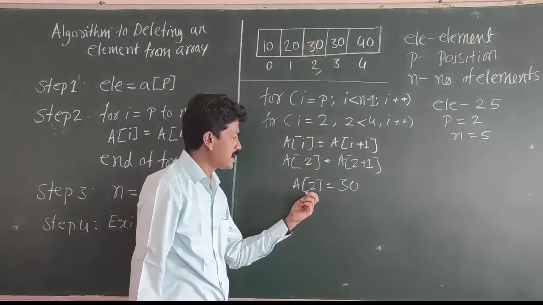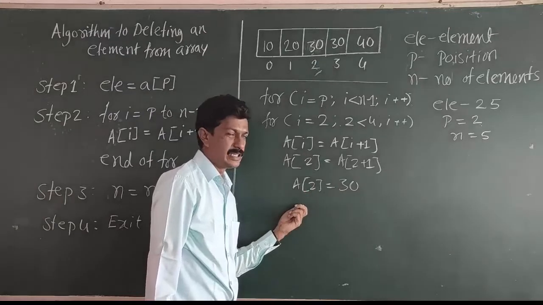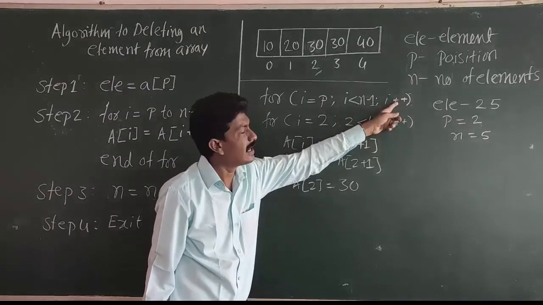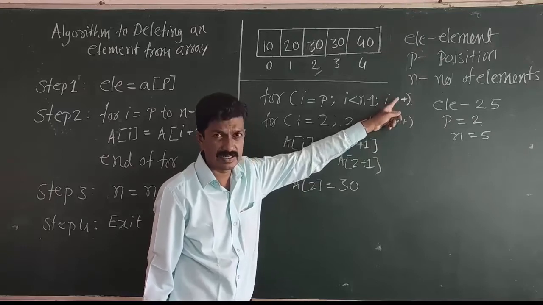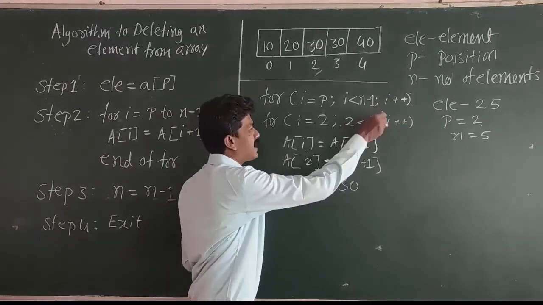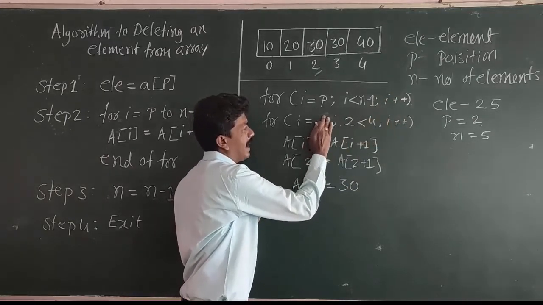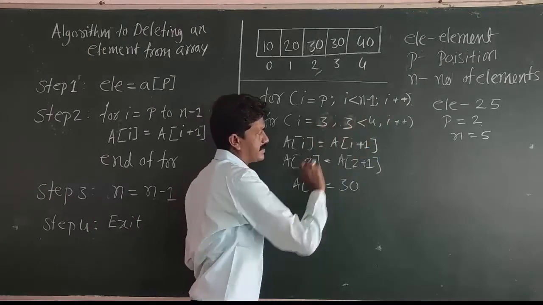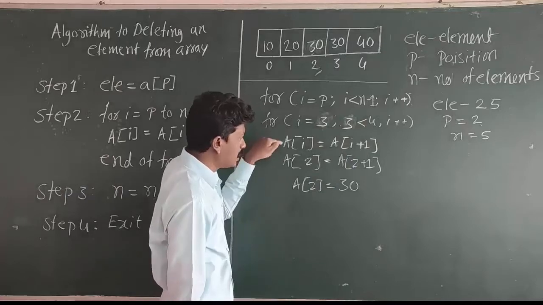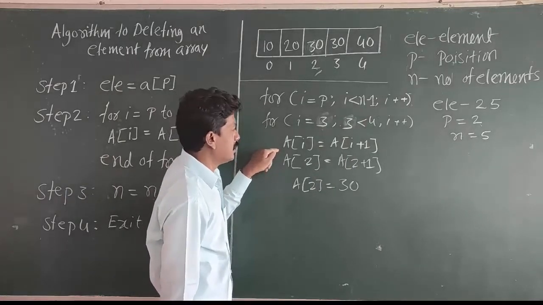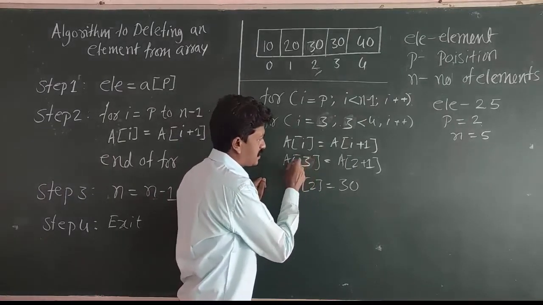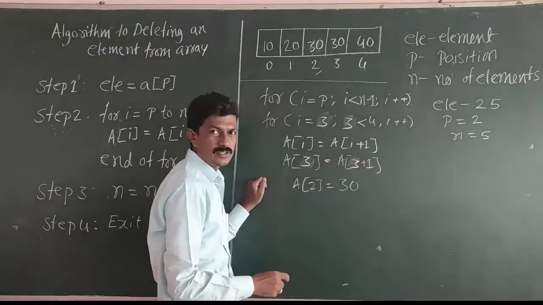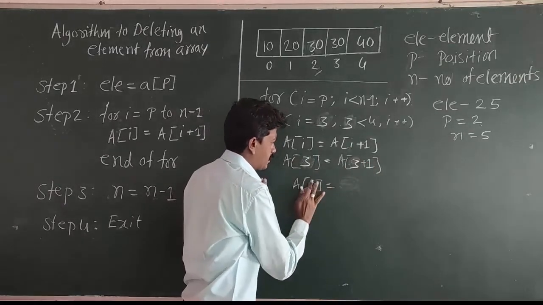Once we assign this element, we have to increase the I value. I plus plus simply increases I by 1, so I becomes 3. Is 3 less than 4? Yes, the condition becomes true and it enters the loop. Now I is 3, and 3 plus 1 is 4.